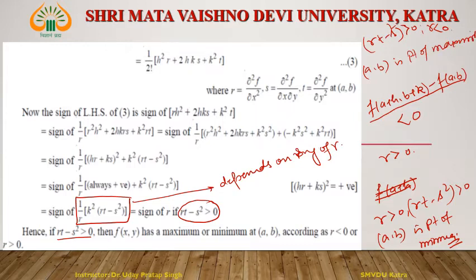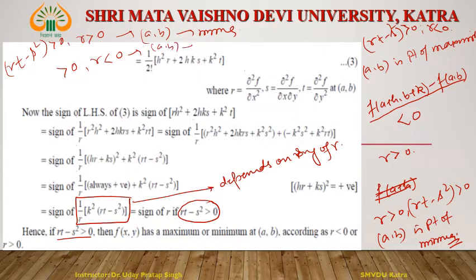Then what is the conclusion? Conclusion is that if rt minus s square is greater than 0 and r is greater than 0, ab is a point of minima, and if it is greater than 0 and r is less than 0, then ab is a point of maxima.